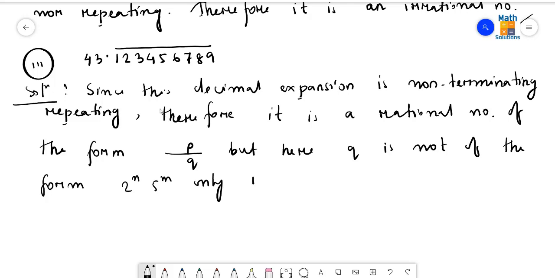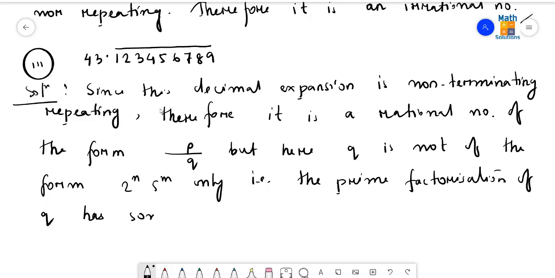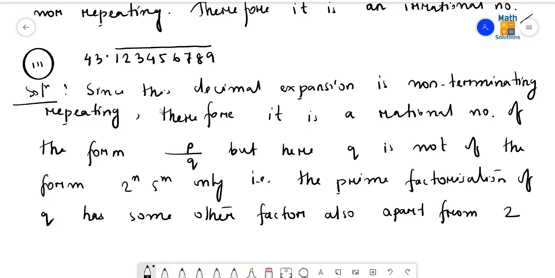That is, the prime factorization of q has some other factor also, apart from 2 and 5. So this is the conclusion of this question. So with this the exercise gets over. Thank you.